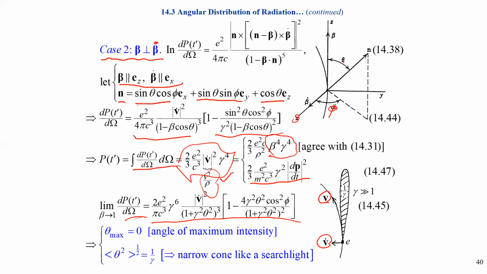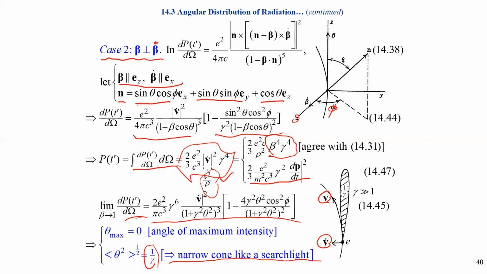And radiation looks like a searchlight, a narrow cone like a searchlight. And the angular width, root mean square angle, will be 1 over gamma. So obviously that will be very, very narrow. Okay, so perpendicular is good for radiation, and parallel is good for acceleration.